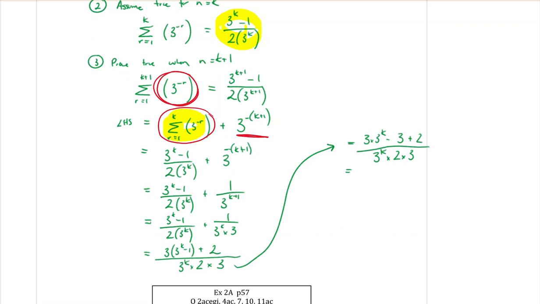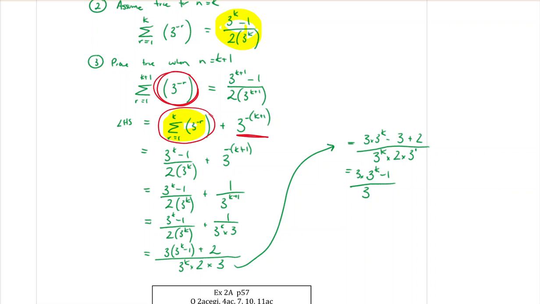So I have got on the top 3 to the K plus 1. No, sorry, minus 1. 3 times 3 to the K minus 1 over 3 to the K.